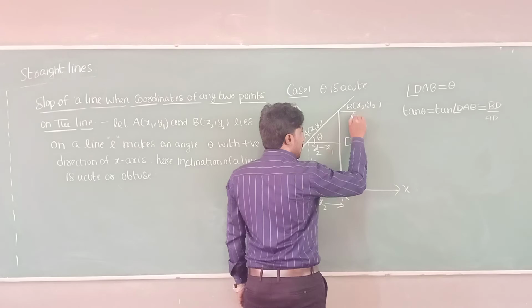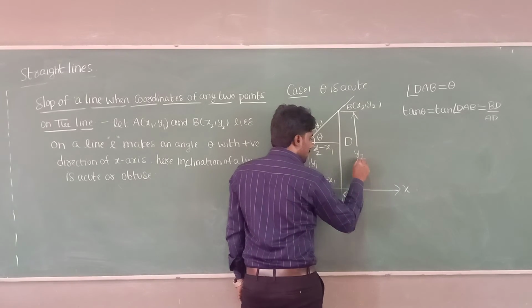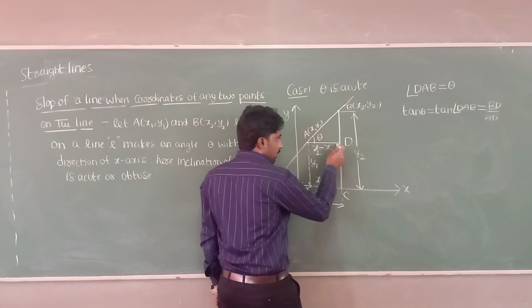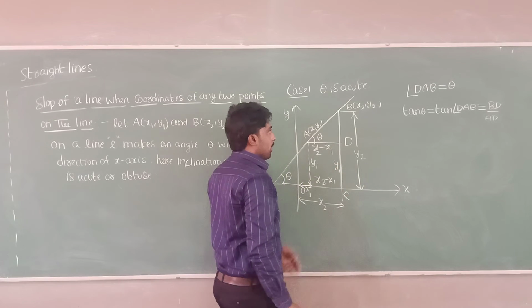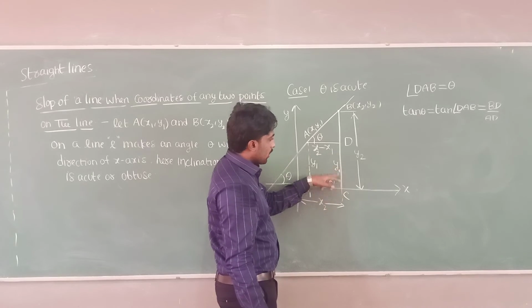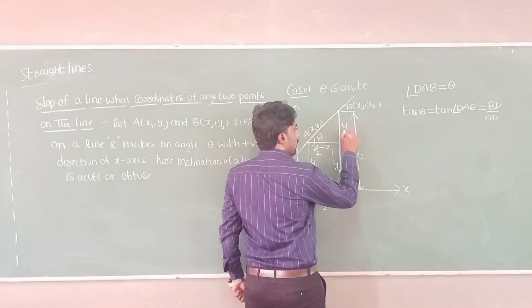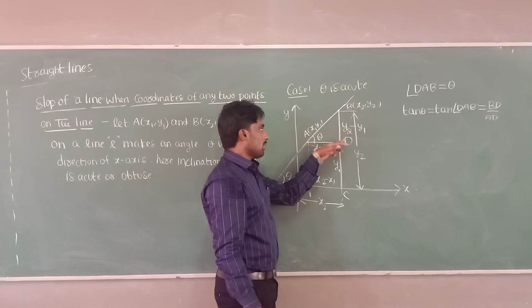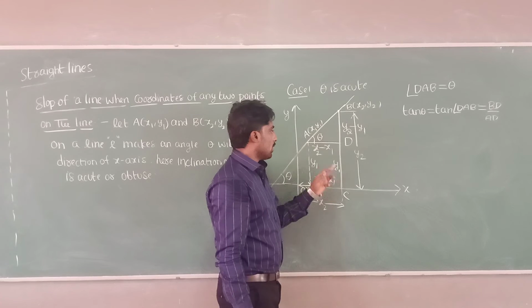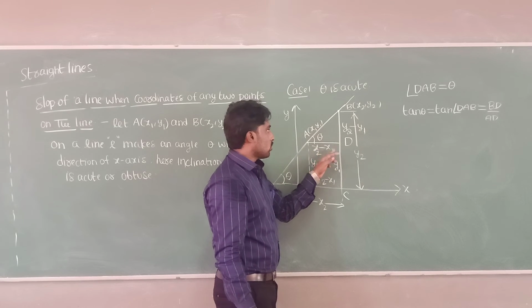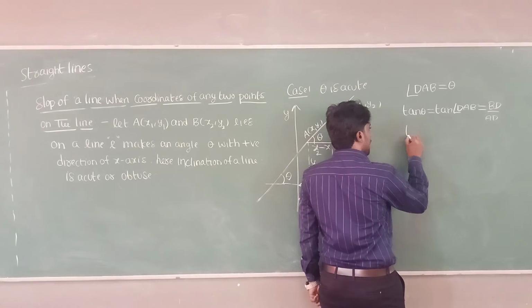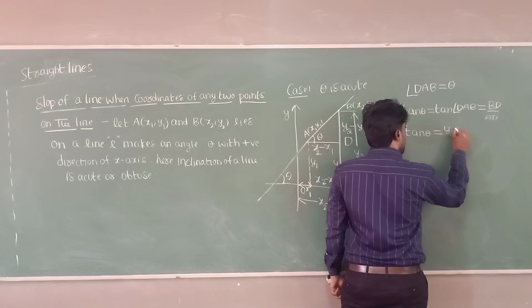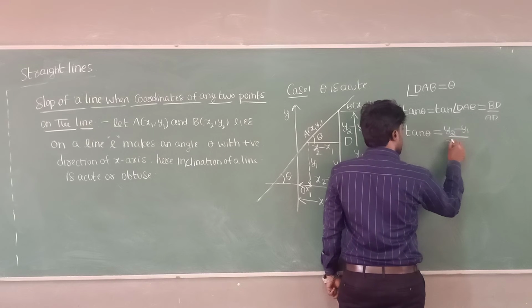From this point to the x-axis, the height is y2. From this total height, if I subtract the y1 height, what will I get? y2 minus y1. So BD length is y2 minus y1 and AD length is x2 minus x1. So you will get tan theta equal to y2 minus y1 by x2 minus x1.